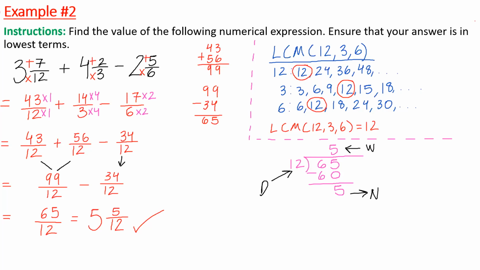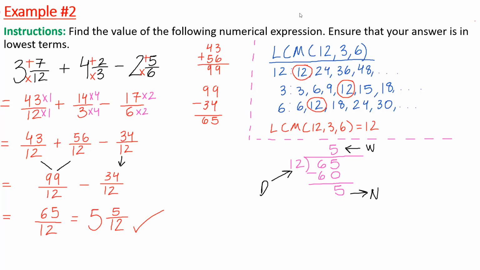And then we get 2 times 6, which is 12, plus 5 is 17. And after that, we try to find the lowest common multiple, which is 12. So we multiply 43 times 1, and 12 times 1, and 14 times 4, and 3 times 4, and then 17 times 2, and 6 times 2.